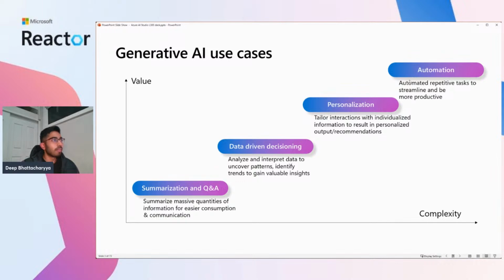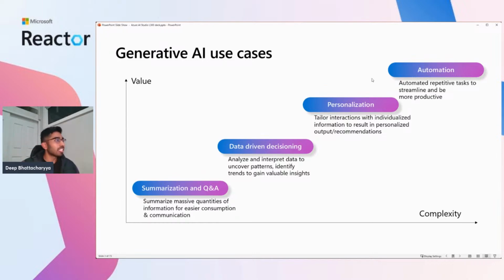And then as we get to higher levels of this hierarchy, we get into personalization, where the interactions are tailored to the individual. And you can see bits and pieces of personalization already. If you use the Bing chat, for example, it can pull in documents which only you have access to, and maybe your name and certain details from your profile.